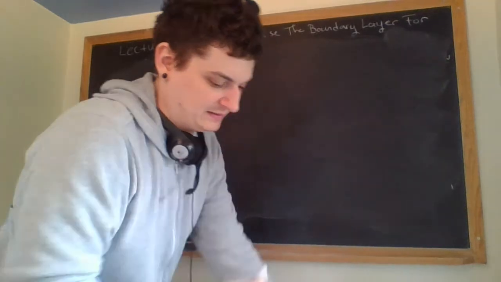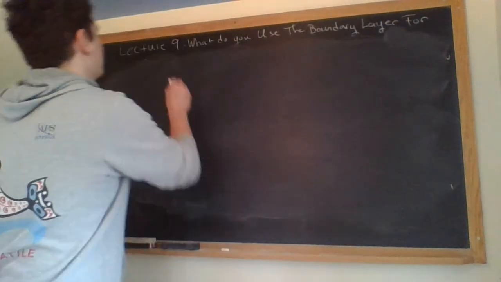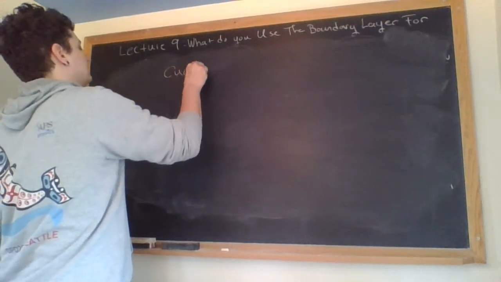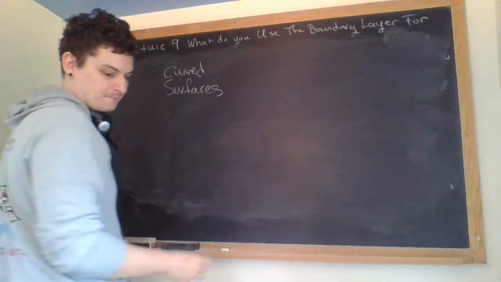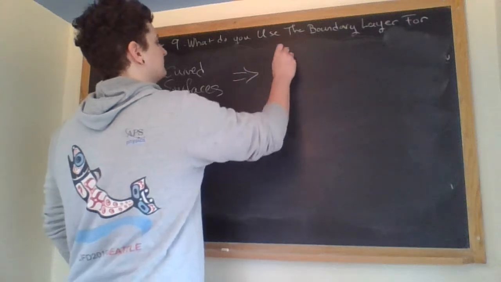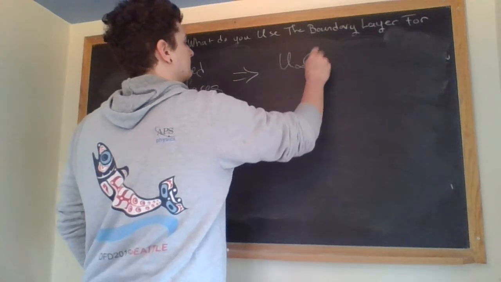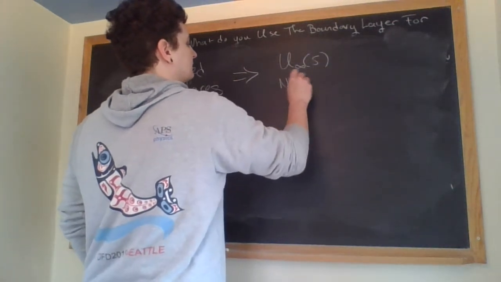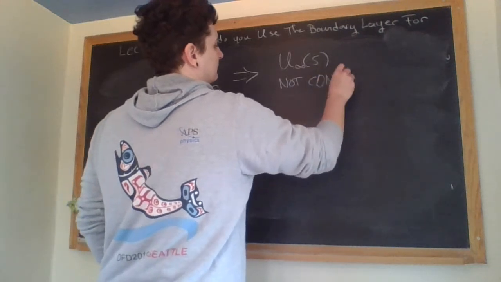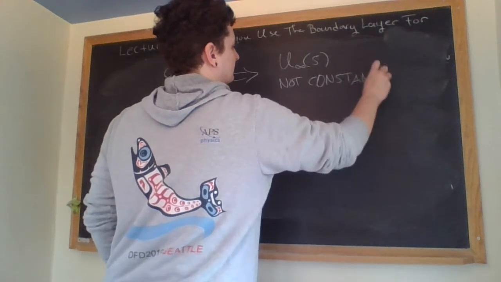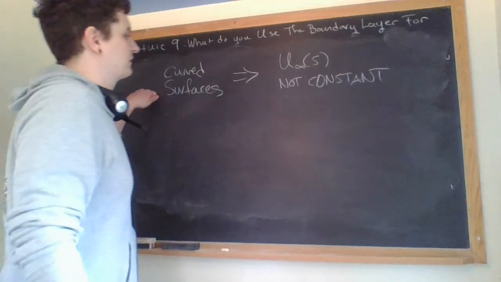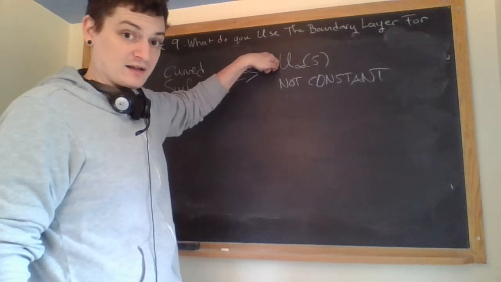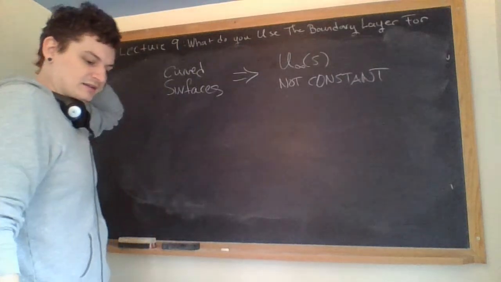Okay, so the idea is that a curved surface means that this is now not a constant value.